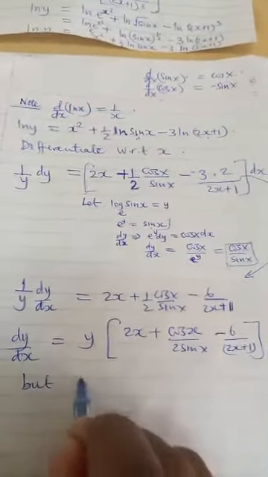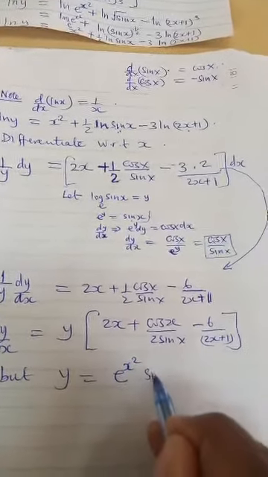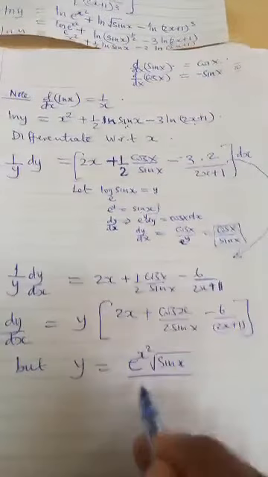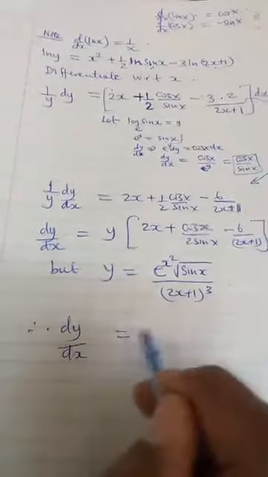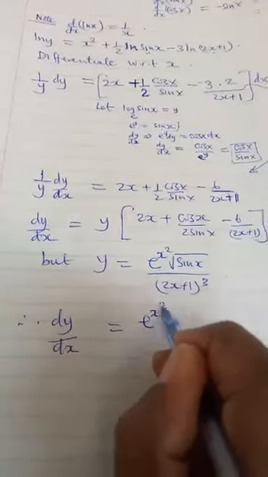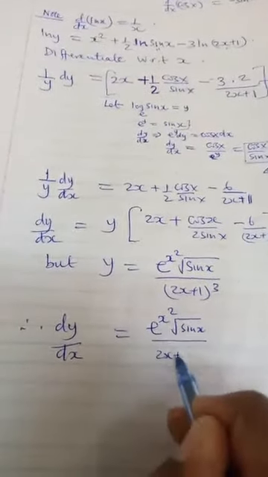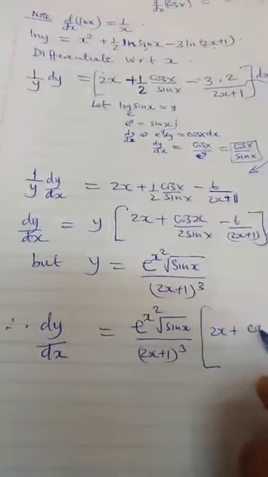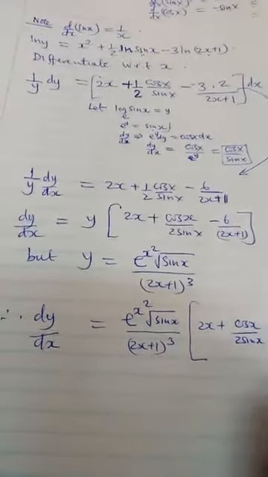I'll say, but my y was e to the x squared, the root of sine of x over 2x plus 1 cubed. Therefore I can conclude that dy/dx will actually be given by my original y, times 2x plus cos x over 2 sin x minus 6 over 2x plus 1.